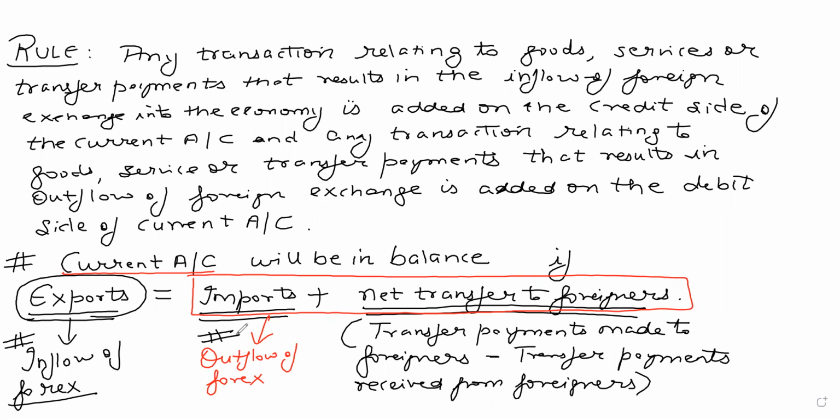Okay, so now let's move forward. Let's now talk about the capital account. Within the balance of payments, the second account we have is the capital account. Now, what does the capital account capture?